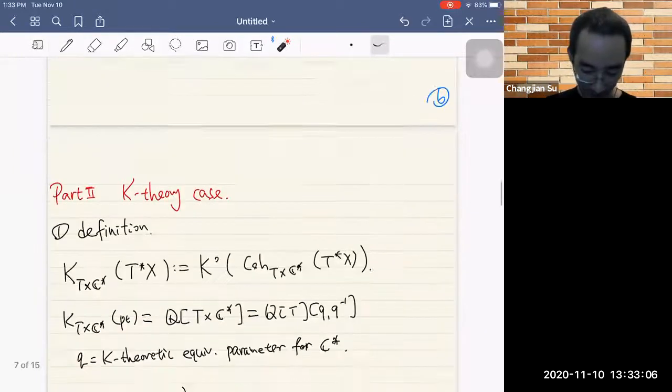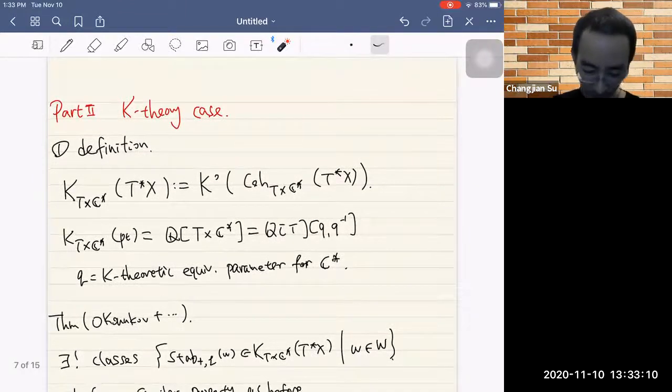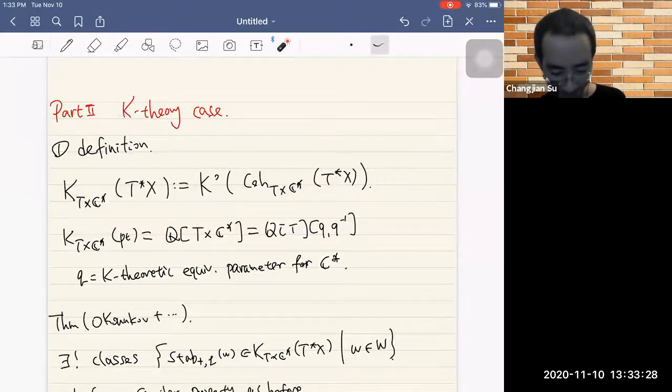Okay, and now let's go to the K-theory case. We use this to denote the T cross C star equivariant K-theory of the coordinate bundle of the flag variety. By definition, this is just the Grothendieck group of the T cross C star equivariant sheaves on the coordinate bundle of the flag varieties.